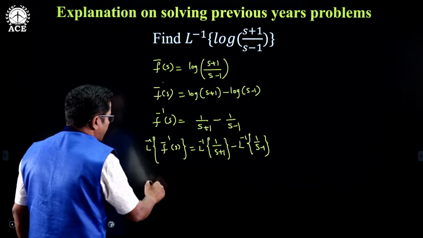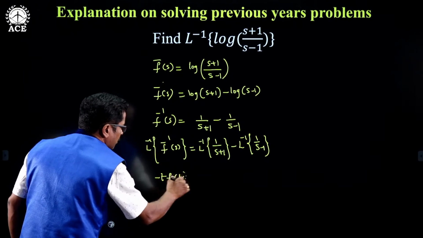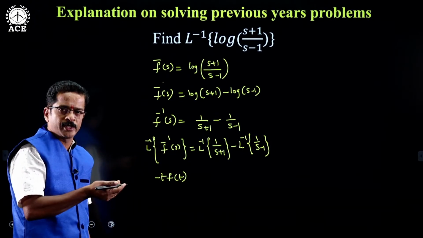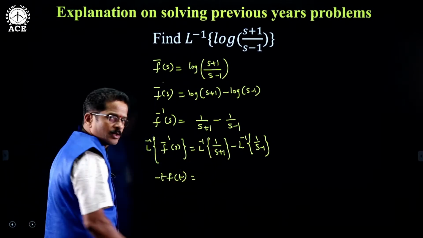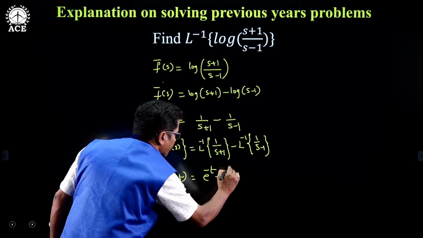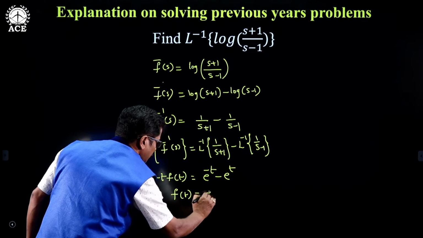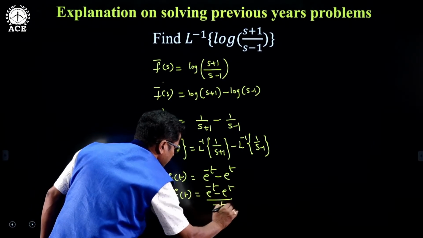So L inverse of f bar dash of s means minus t into f of t, because it is a first derivative. If it is a second derivative, it is minus 1 whole square into t square into f of t. Then this equals L inverse of 1 by s plus 1, which is e power minus t, minus e power t. So then f of t equals e power minus t minus e power t by minus t.